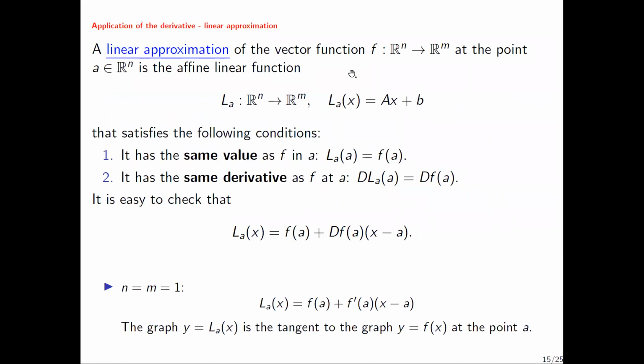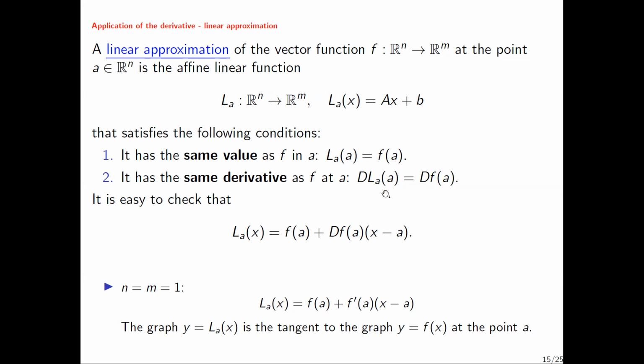And the idea of a linear approximation of a vector function f is to do an approximation of this function in the given point by an affine linear function. And the two conditions we would like that this affine linear function meets are given here. So we would like that this function has the same value as the initial function f in the point where we approximate it. So the linear approximation in the given point is equal to the function at the given point.